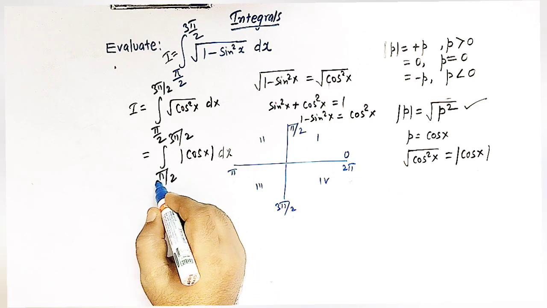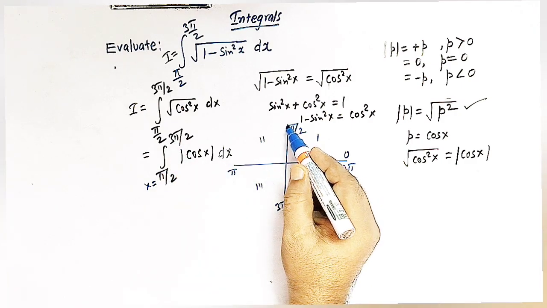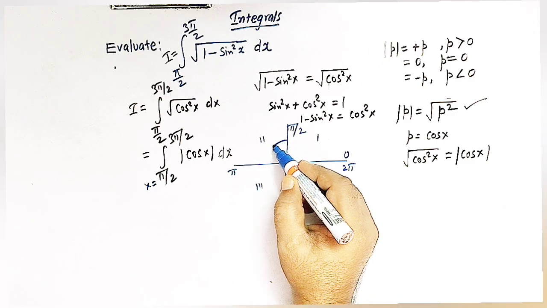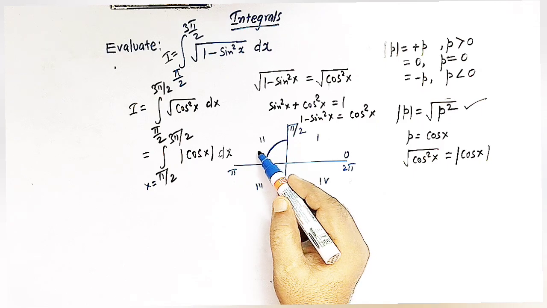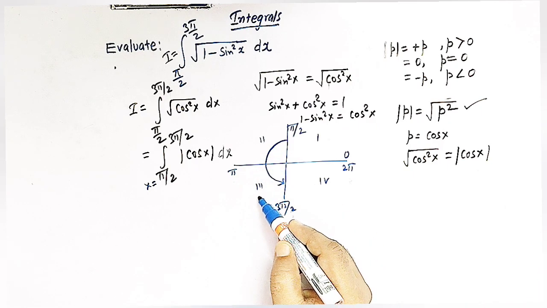So here we have to integrate from pi by 2 to 3 pi by 2. So we have to go like this, which means we have to cover the second quadrant and the third quadrant.